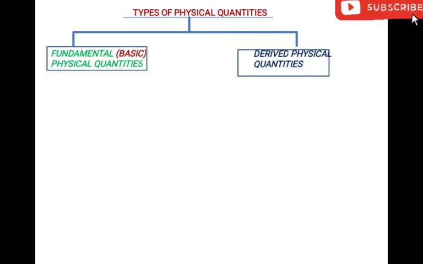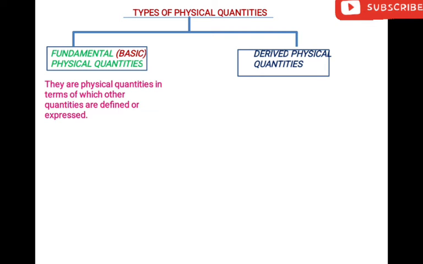Now, what are fundamental or basic physical quantities? They are physical quantities in terms of which other quantities are defined or expressed. They are independent of other quantities.